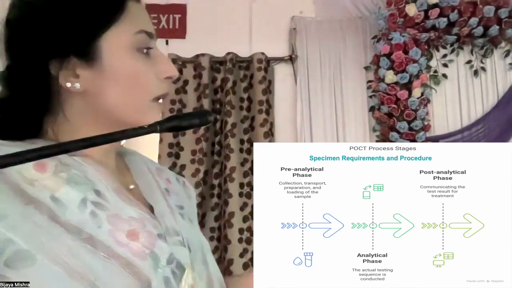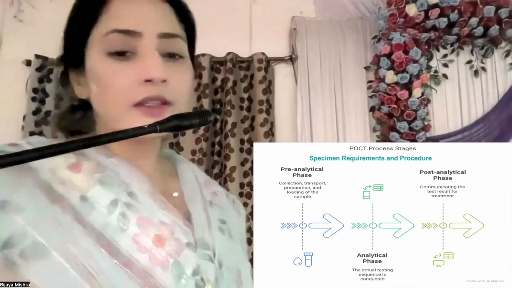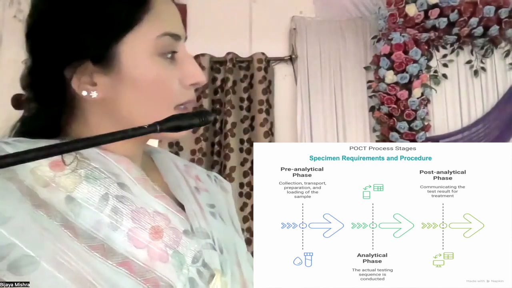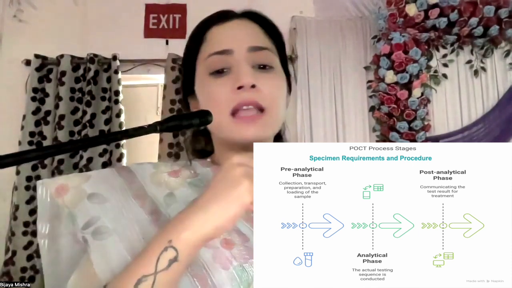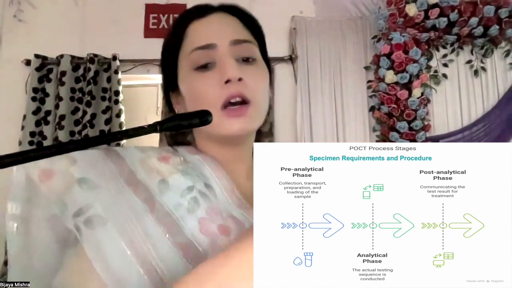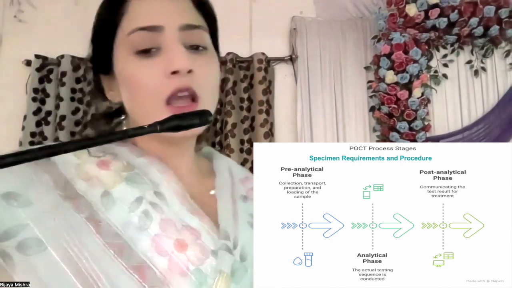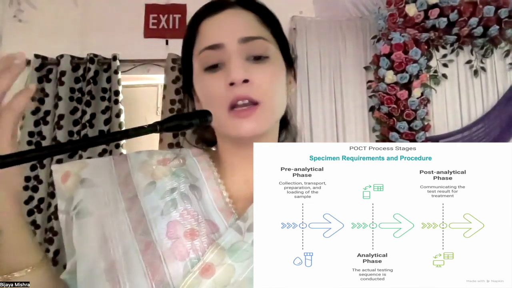The analytical phase is the next step, where the actual testing is done in the device. The post-analytical phase is when the testing is complete and we obtain a result, and the result is then communicated for the treatment through the electronic medical record or written or verbal instruction directly to the treatment team.